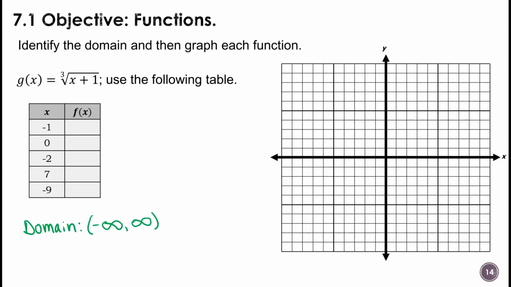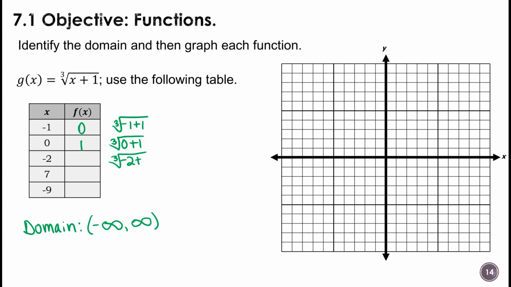Now, this one does have a curve to it for sure. If we substitute, we're going to have negative 1 plus 1, so the cube root of 0 is 0. 0 plus 1, the cube root of 1 is 1. I'm about to run out of space here. Let me scoot that.